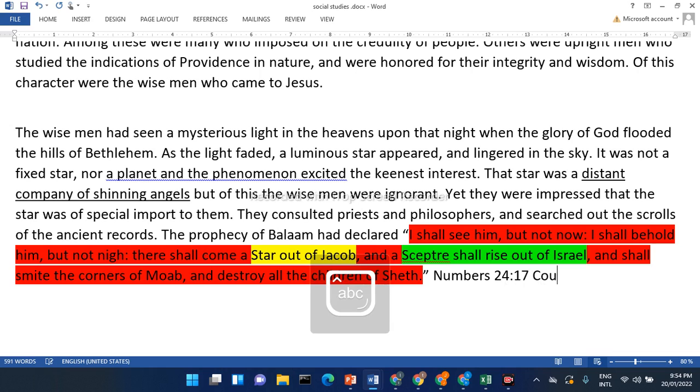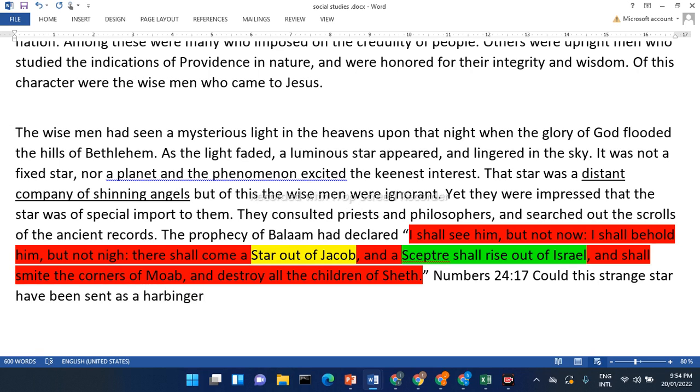And so the question arises: could this strange star that we're seeing have been sent as a harbinger of the promised one?